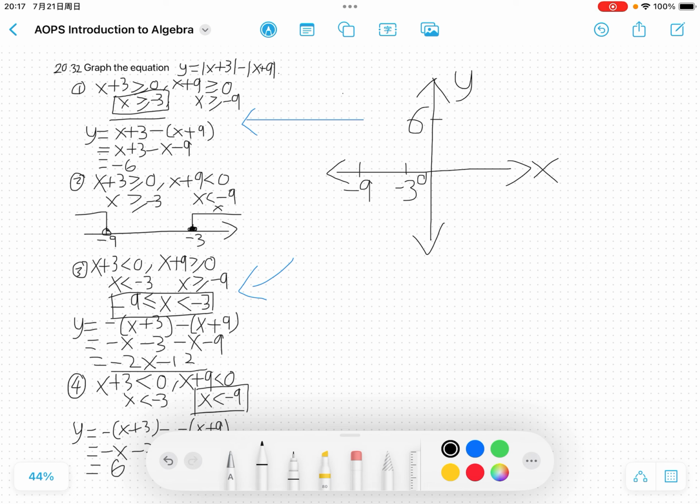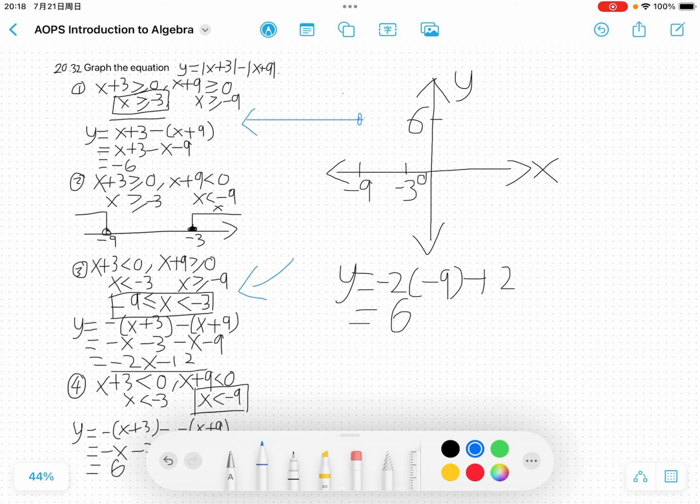When x is negative 9, y equals negative 2 times negative 9 minus 12. That's 18 minus 12, which is 6. So essentially it's this line continued.